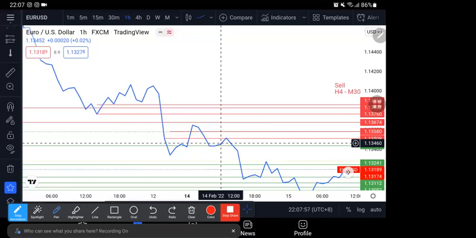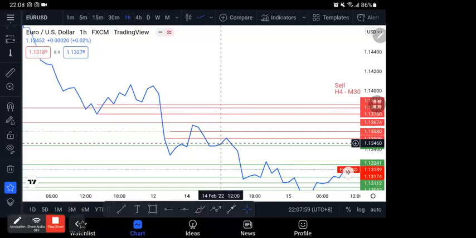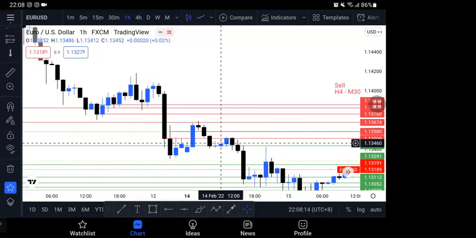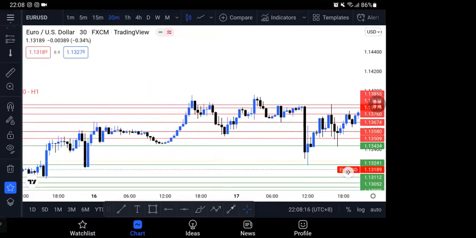So this is why we are using the MDA, and we drop to a smaller timeframe, but still following the order.